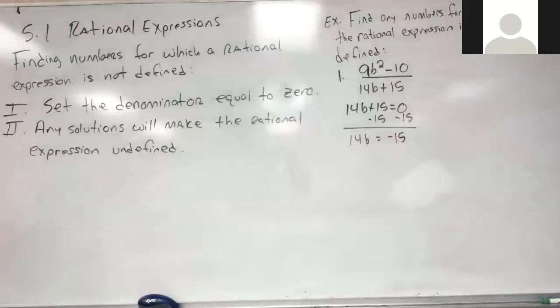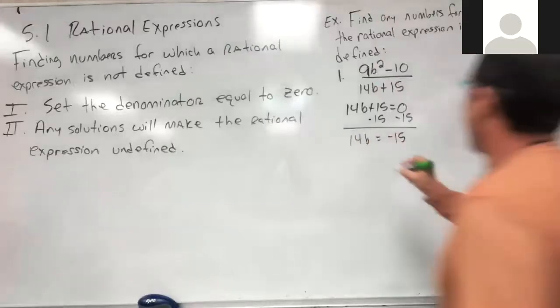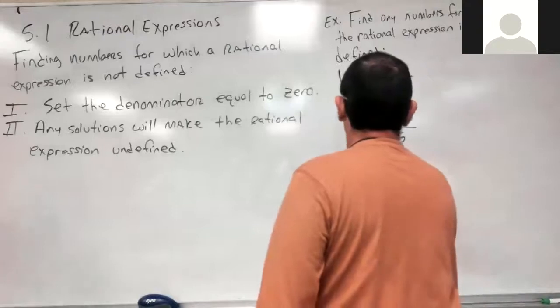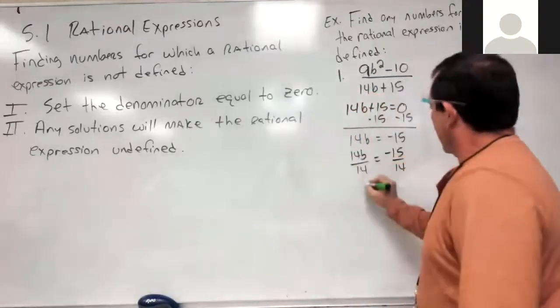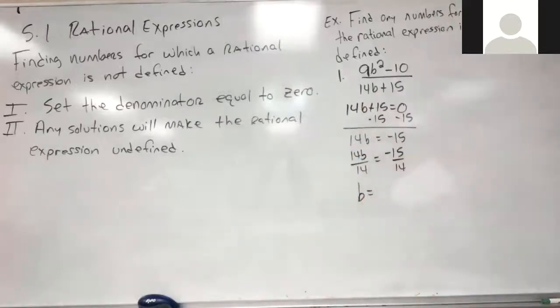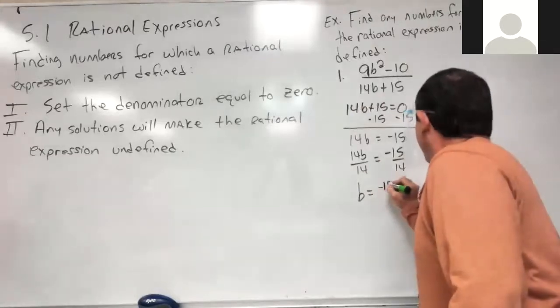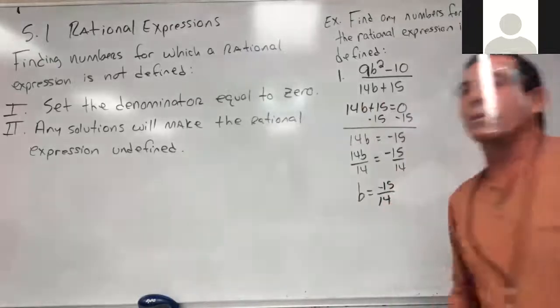And then divide both sides by 14. So that cancels and I get b equals negative 15 over 14. Don't look like we can do any simplifying to that. So that's going to stay a negative 15 over 14.